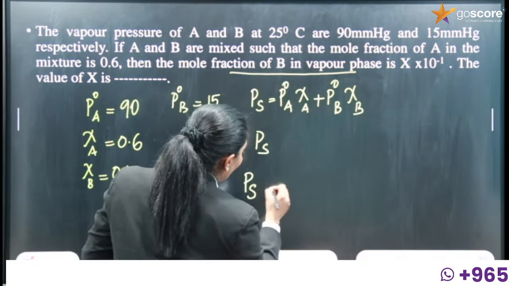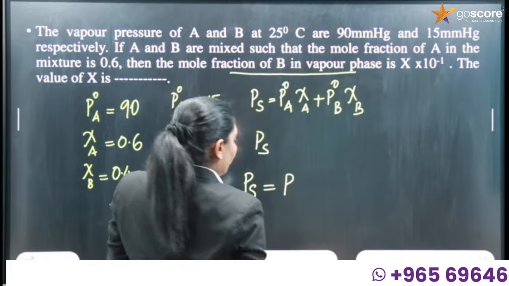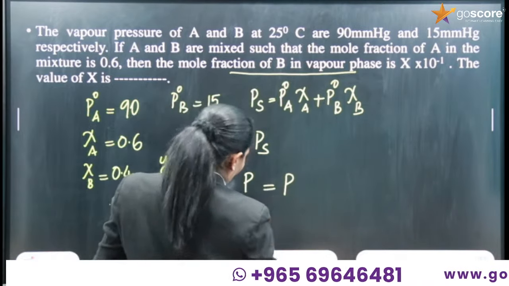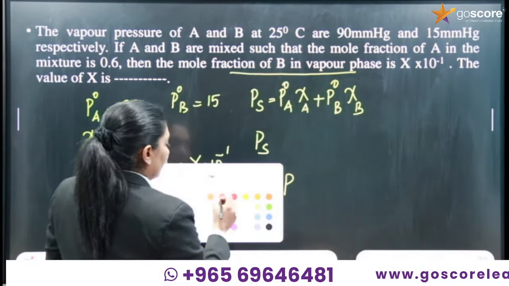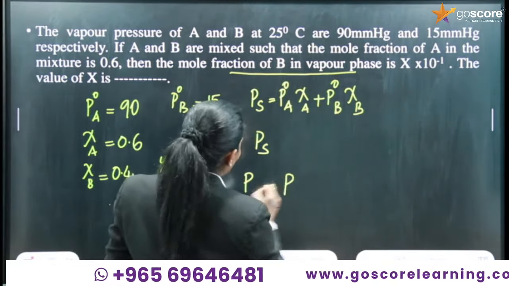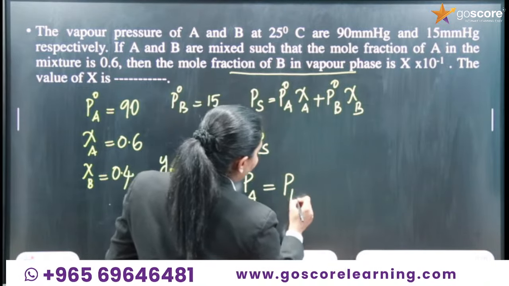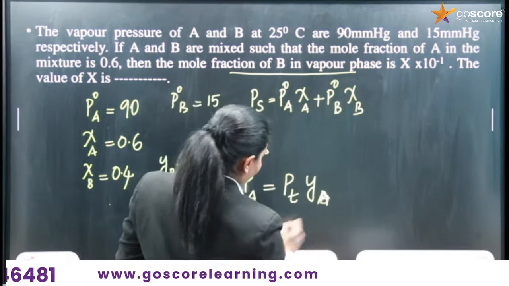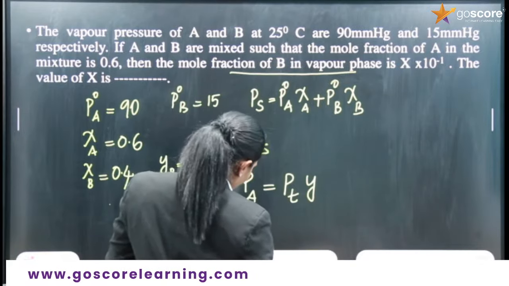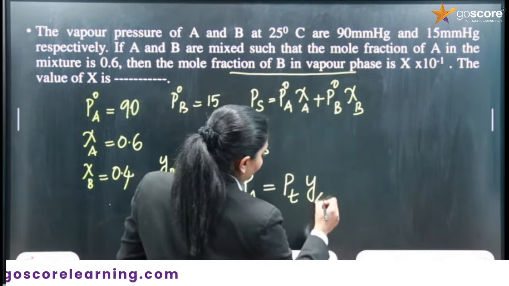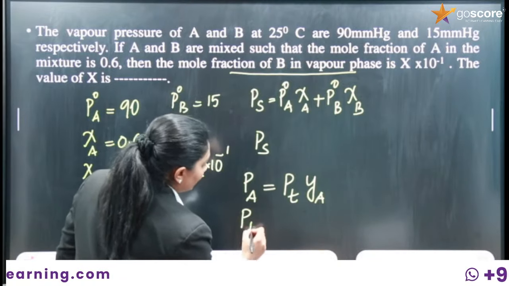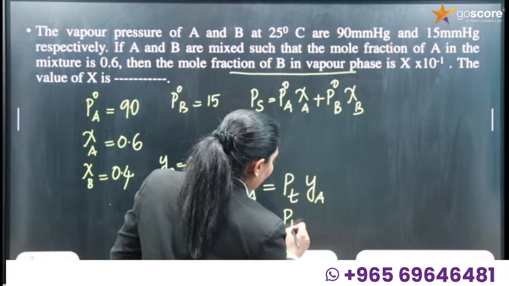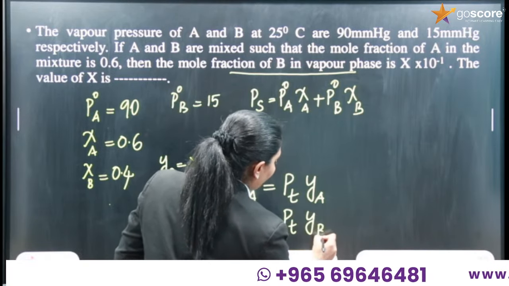According to Dalton's law, the pressure of component A is equal to the total pressure into the mole fraction of component A in the vapor phase. In the same way, the pressure due to B is equal to P total into the mole fraction of component B in the vapor phase.